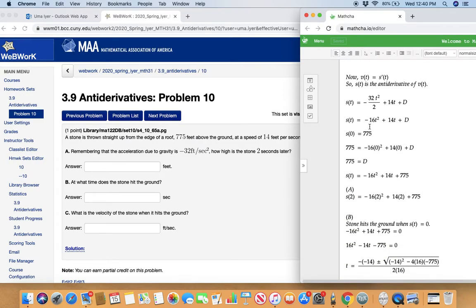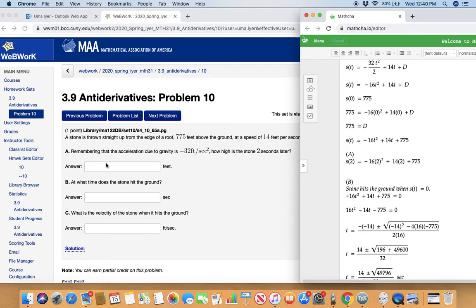When t is 0, I get d is 775. Is this clear? So 775 goes here, t is 0, t is 0. All I'm left with is d. So that tells me S of t is negative 16t squared plus 14t plus 775.